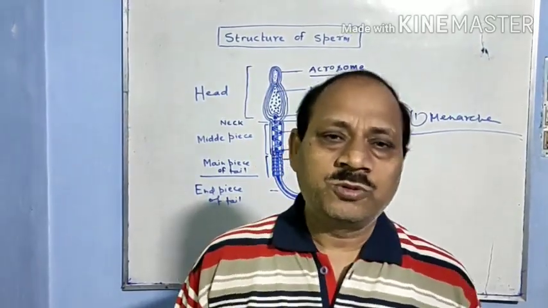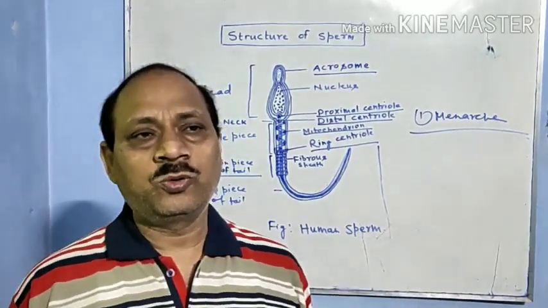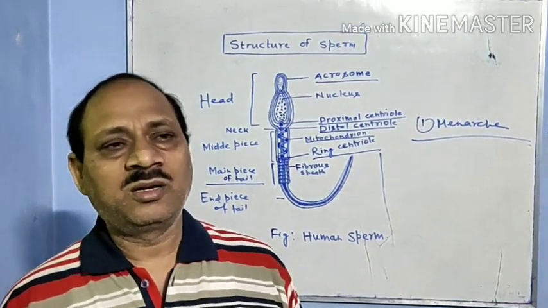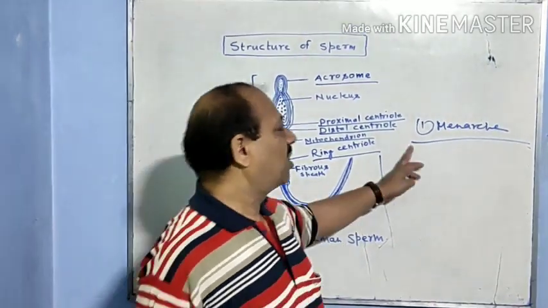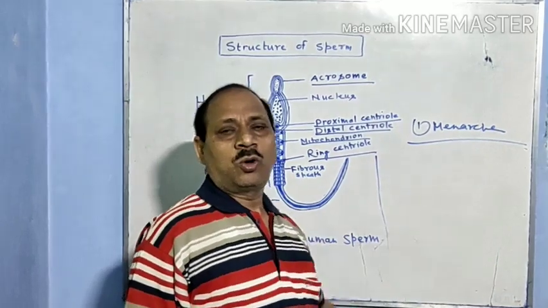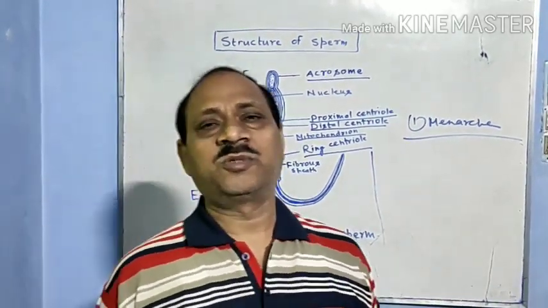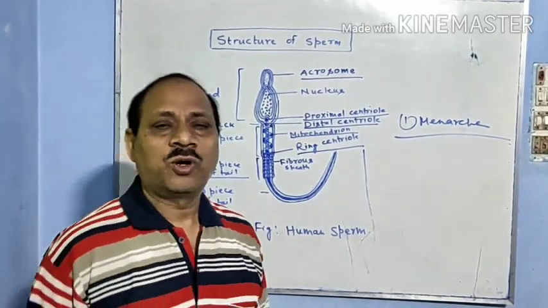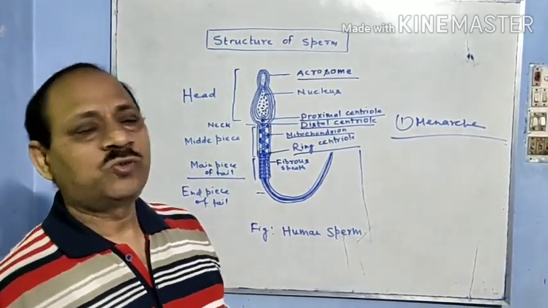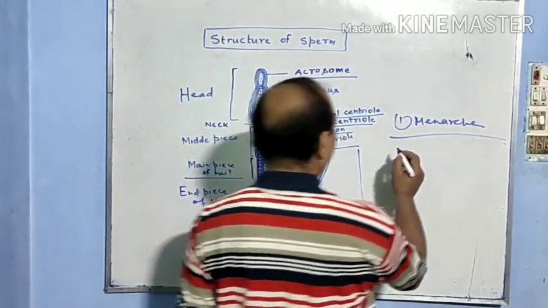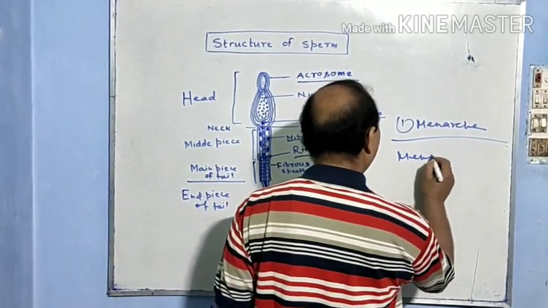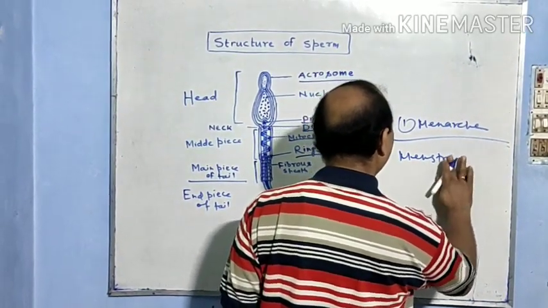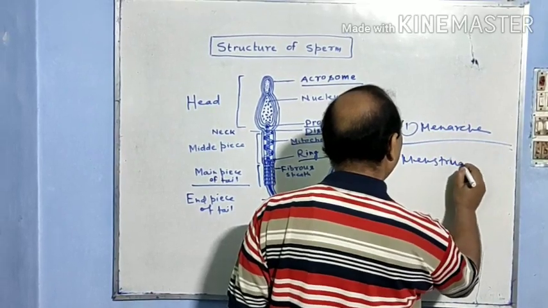The beginning of menstrual flow in female is known as menarche, or you can say that first menstrual flow is known as menarche. What do you mean by menstrual flow?